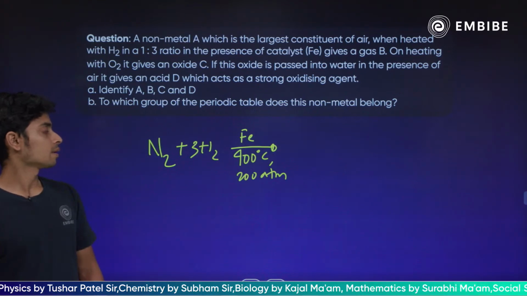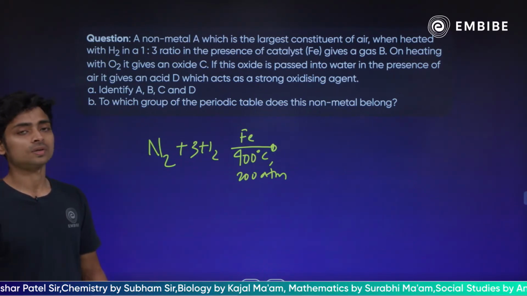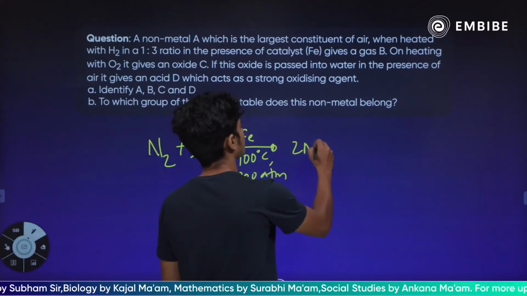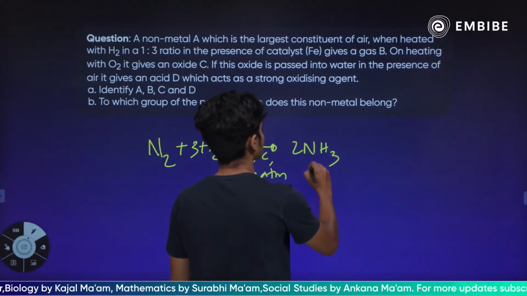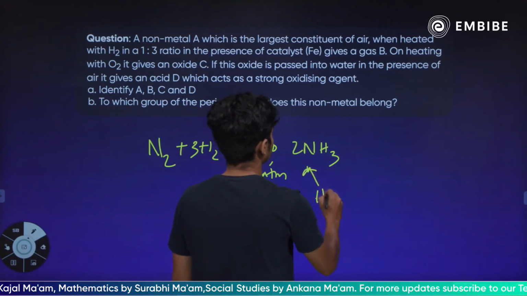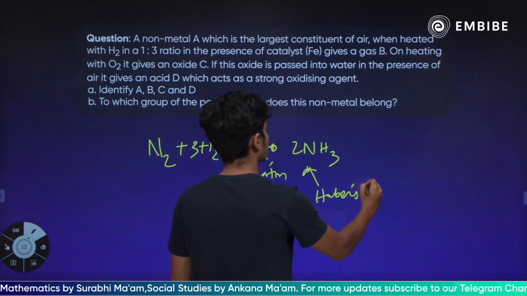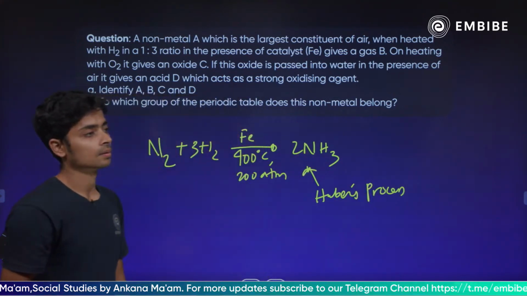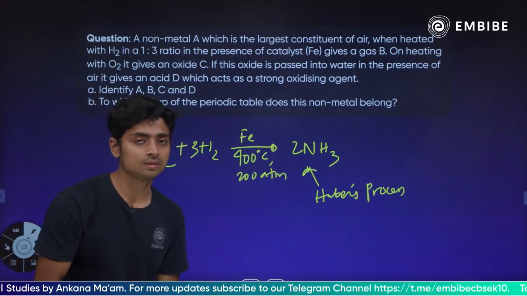So nitrogen and hydrogen, when they react in a molar ratio 1:3, give you ammonia, NH3. This process is known as Haber's process. You get your fertilizer from this process; it is the bedrock of our agricultural produce.